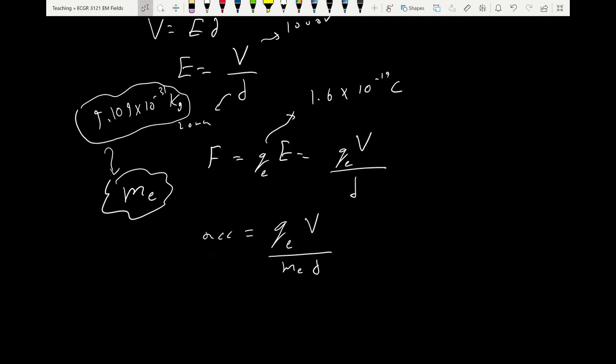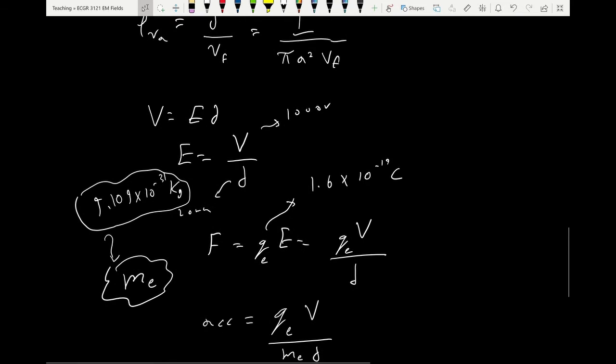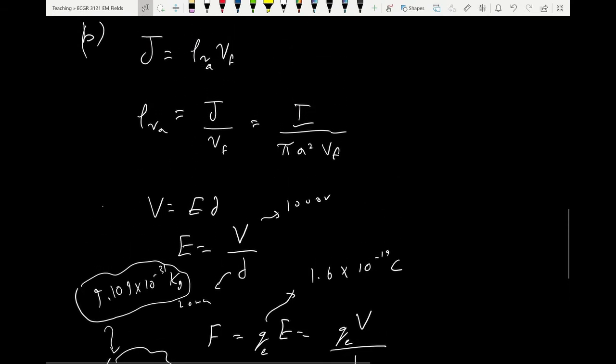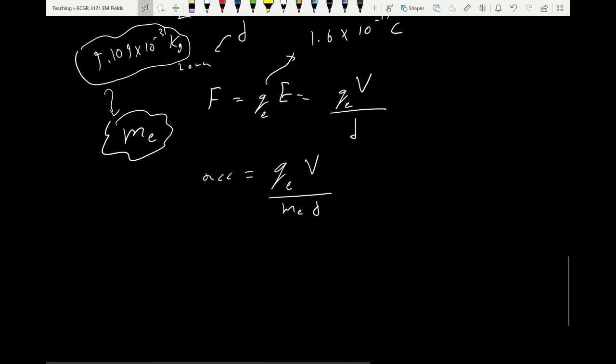But after we find acceleration, we have everything set, right? The whole goal is to find what the final velocity is. And if I know the acceleration, I know what the final velocity is.